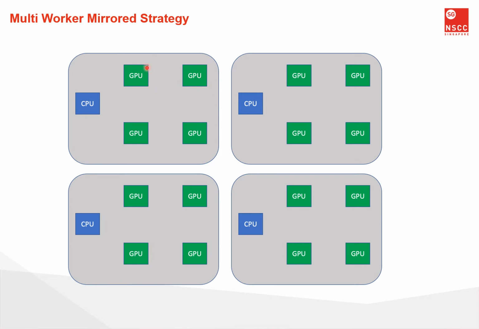So that syncing procedure now has a much bigger job, because it needs to sync across many GPUs and work together with the other CPUs on the other worker nodes to coordinate this process. So just a few lines of code, as we saw in the previous slide, but a lot of things happen in the background.